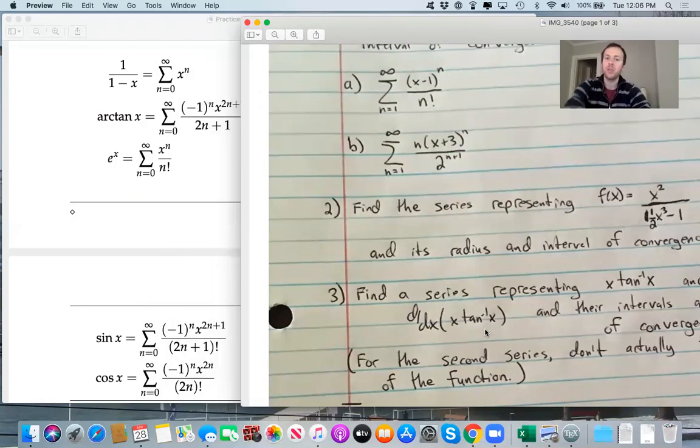So what we'll be able to use is that we know the formula for the series for arctangent, and manipulate that series in order to get a series for what happens if we multiply by x, and then what happens if we take the derivative of that.